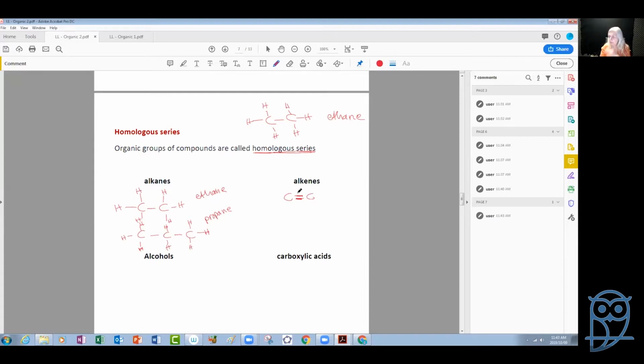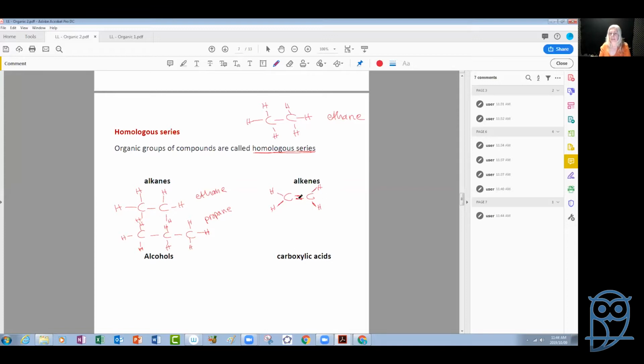Now, remember that each carbon atom can form 4 bonds, okay? So each carbon atom needs another 2 items to bond with, which will be hydrogens in this case, because alkenes are also hydrocarbons. So you see now each carbon atom has 4 bonds, like 1, 2, 3, 4.